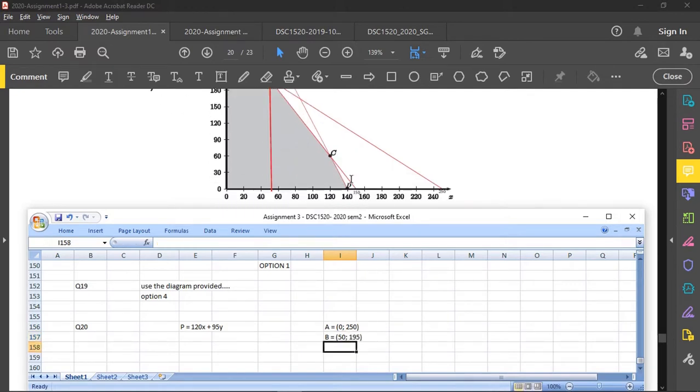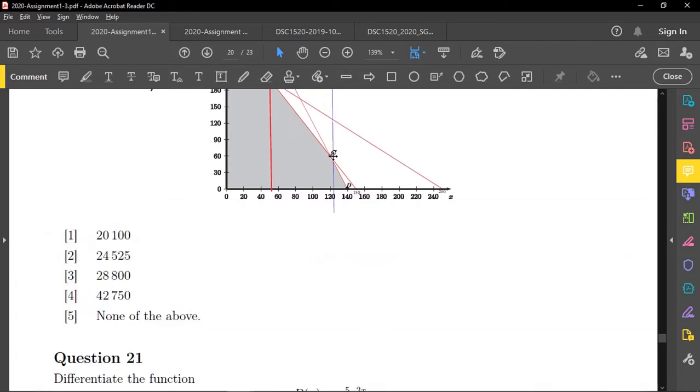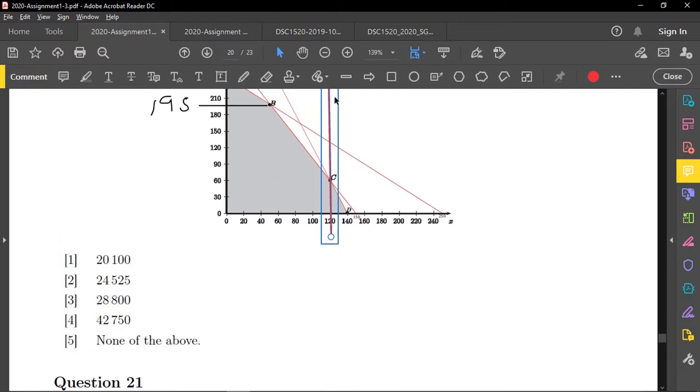Okay, so B would be 50 and 195. All right, C. C is definitely on 120, and it looks like 60 to me. Okay, so 120 and 60.